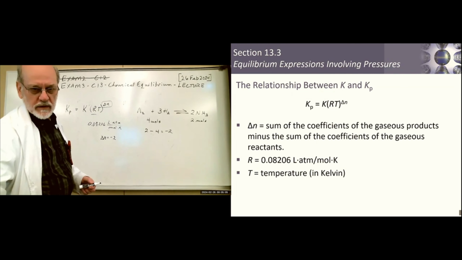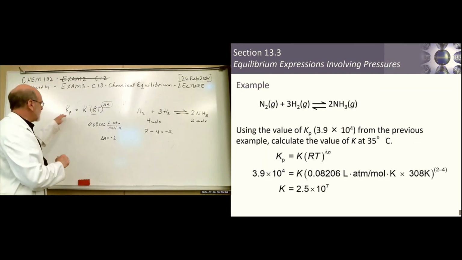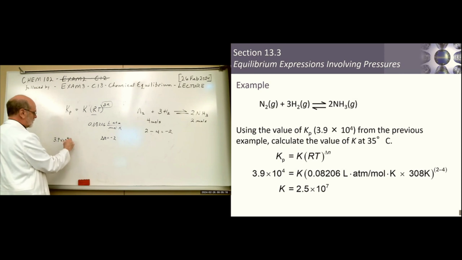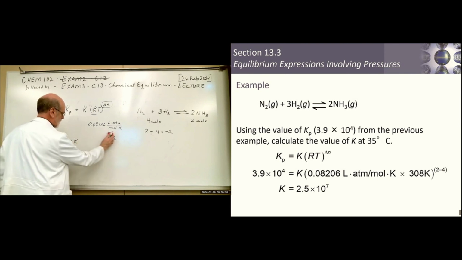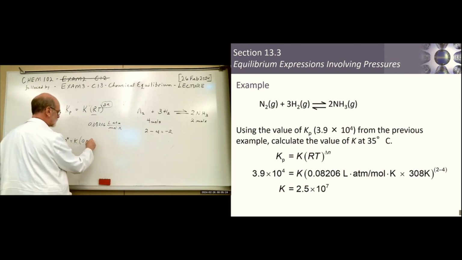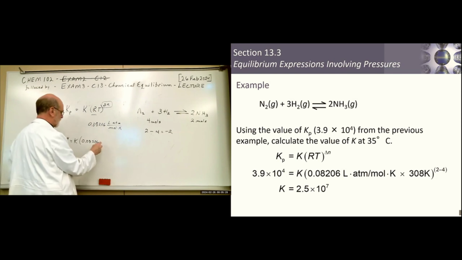So I think we're going to use this as an example. If we know that Kp here is 3.9 times 10 to the 4th, we want to know what K is. So we know what R is, 0.08206. I'm going to leave the units out for convenience.